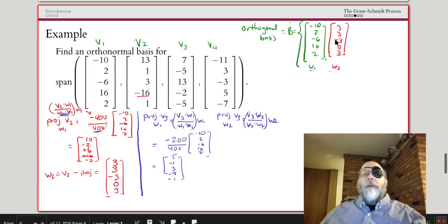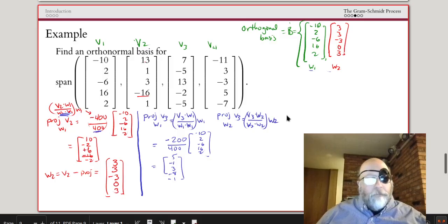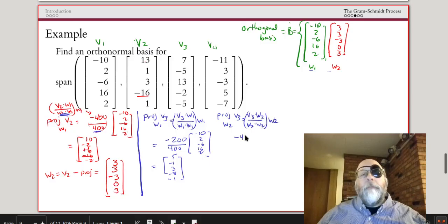This projection, V3 dot W2: 7 times 3 is 21, minus 15, minus 39, minus 15 again is negative 48. And W2 dot with itself is 9 plus 9 plus 9 plus 9, which is 36.